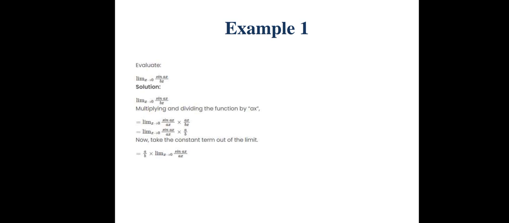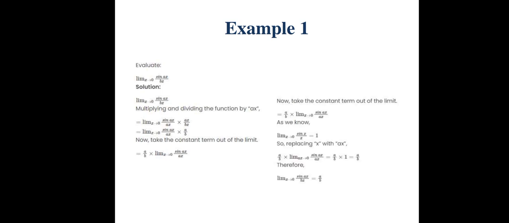So x gets cancelled in ax by bx and you get a by b. Then take this constant a by b outside, and sin ax by ax is nothing but 1 after applying the limit. So we get a by b into 1, and the final answer is a by b.